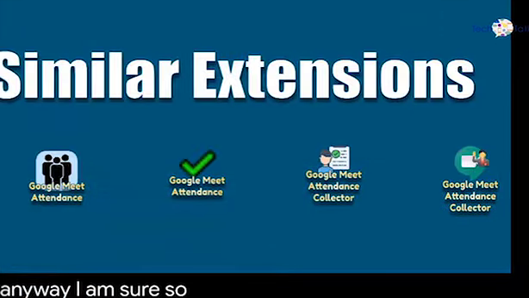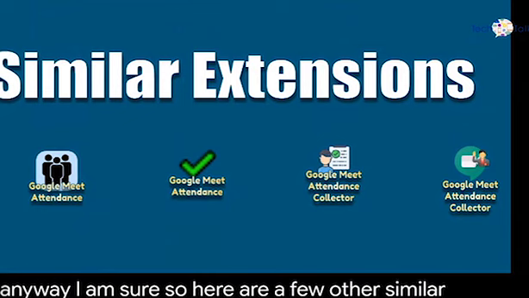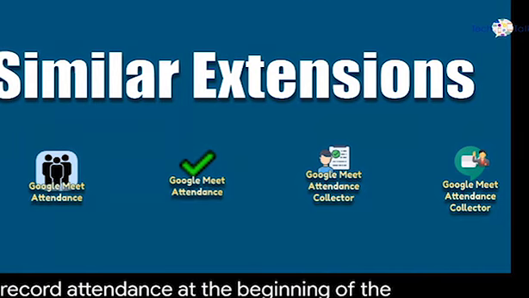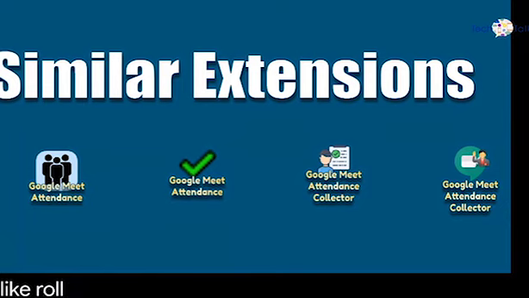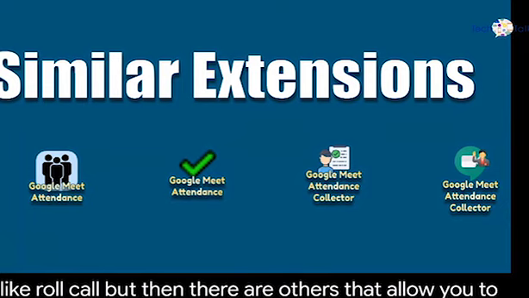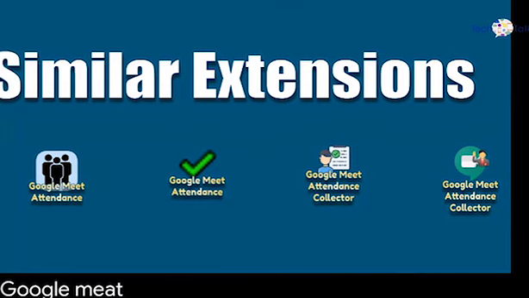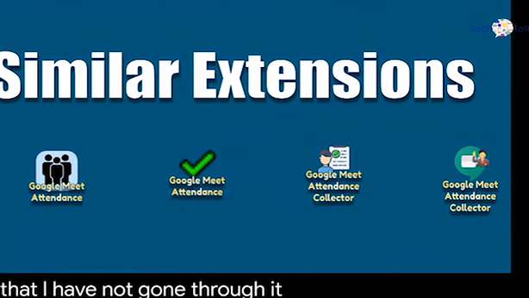Here are a few other similar extensions that you can use for attendance. Some only record attendance at the beginning of the meeting, like Roll Call, but then there are others that allow you to take attendance multiple times throughout the Google Meet, like Meet Attendance did at one time. And there are a few of these other ones that I have not gone through in depth, but I know allow you to do so.